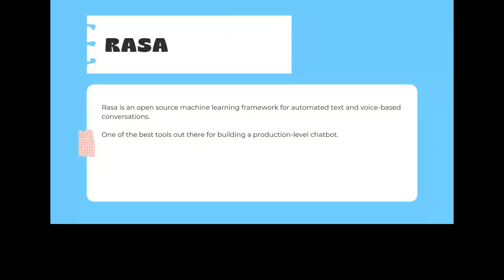And I believe Rasa is one of the best tools out there which provides a production level chatbot. There are also others, like spaCy, but I have worked with Rasa, so this is what Rasa does. That is all about Rasa, and I think I have a picture after this.